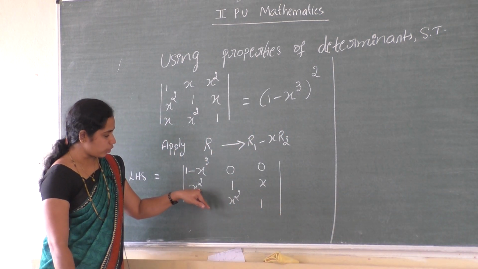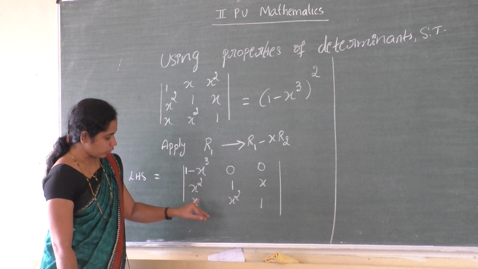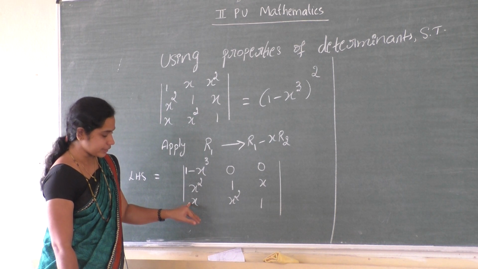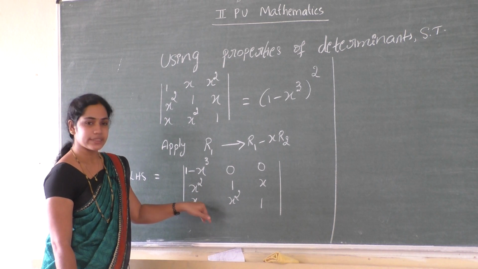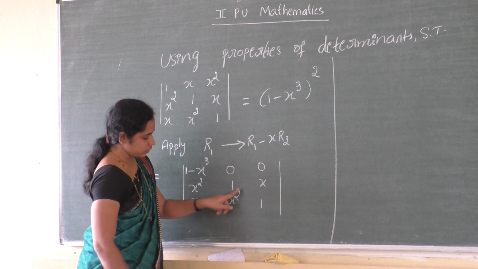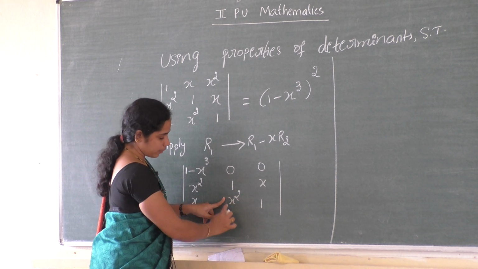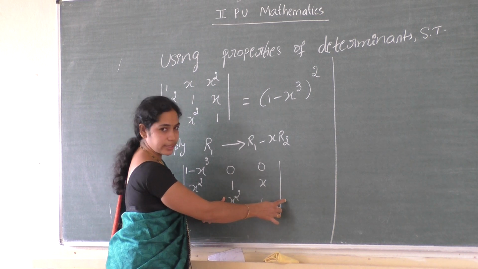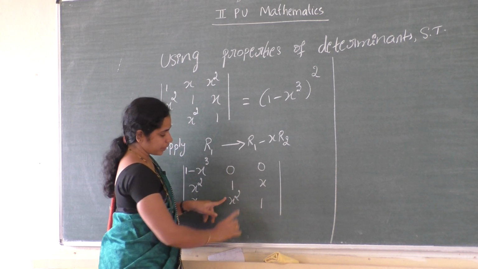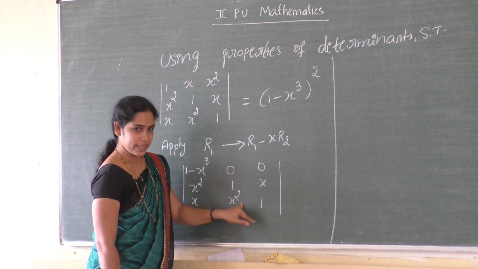Now here again we have x square, here we have x. So if you multiply by x, x square minus x square will be 0. Here 1 we have, here we have x square. If you multiply x to the third row and subtract from the second row, we will get 1 minus x cube again.